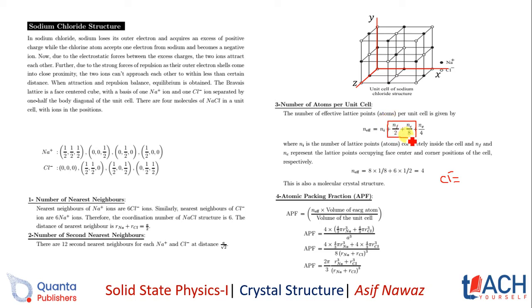This ion is here, and similarly one lies on this edge too. So 1 2 3 4 5 6 7 8 9 10 11 and 12 edges are there, so 12 sodium ions are there at the edge. If we plug in 12 here, 12 divided by 4 is 3, plus 1, 4. So we have 4 sodium atoms as well, just like the 4 chlorine atoms.